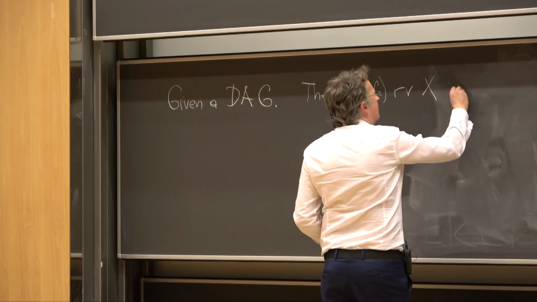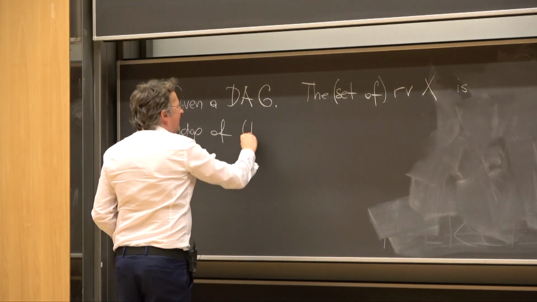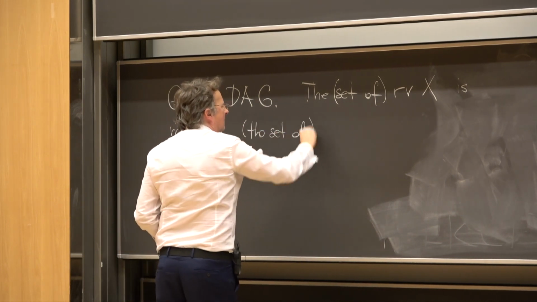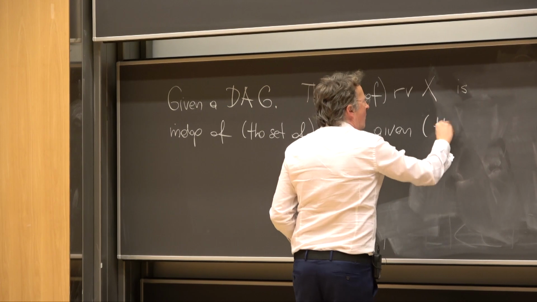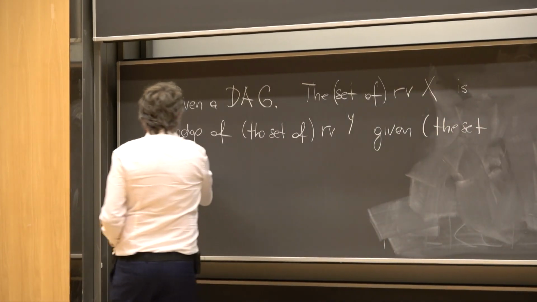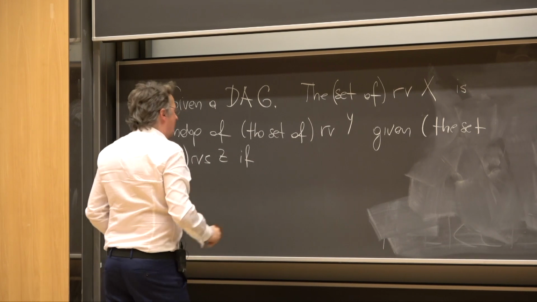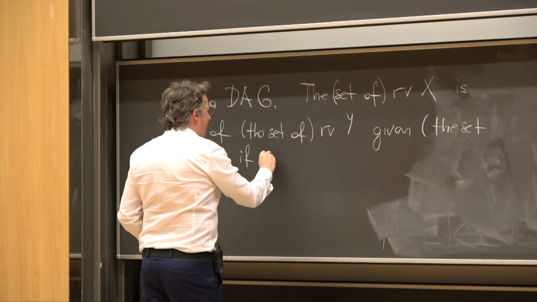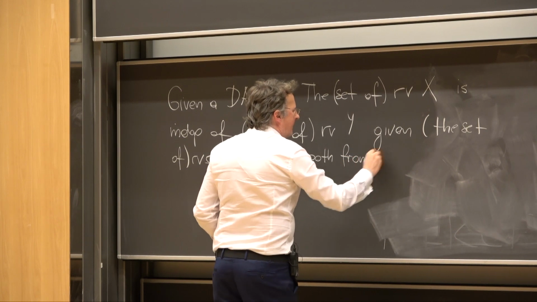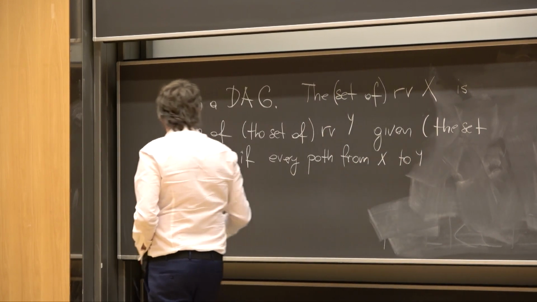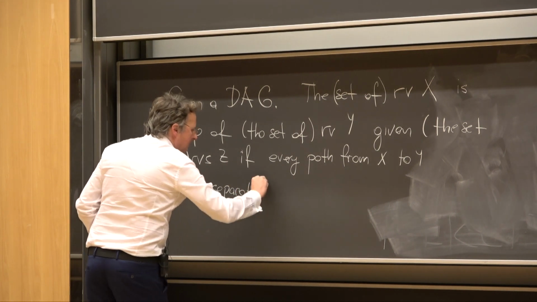The set of random variables x is independent of, and again, this could be a set of random variables y, given, and again, this could be a whole set of random variables z, if every path from x to y is d-separated by z.